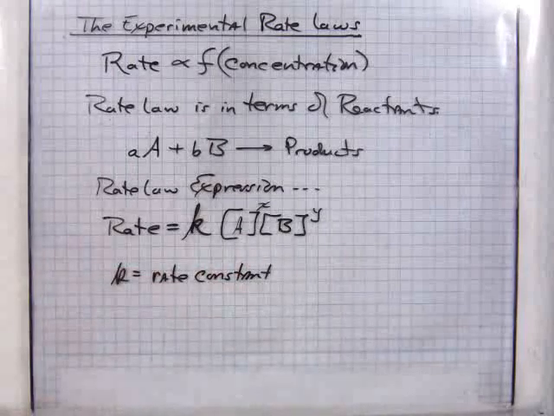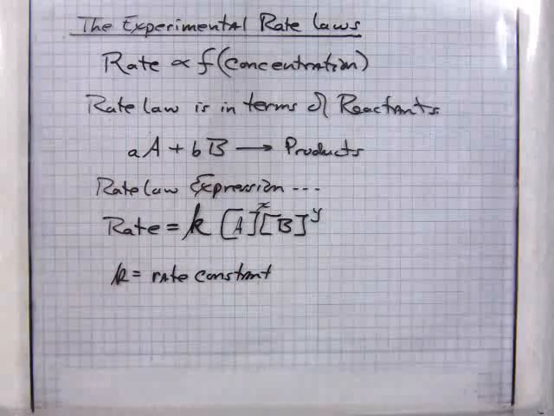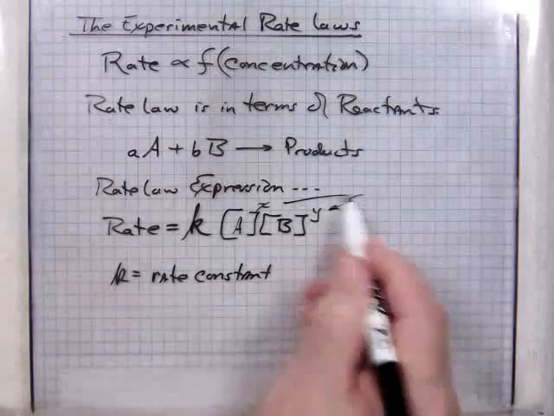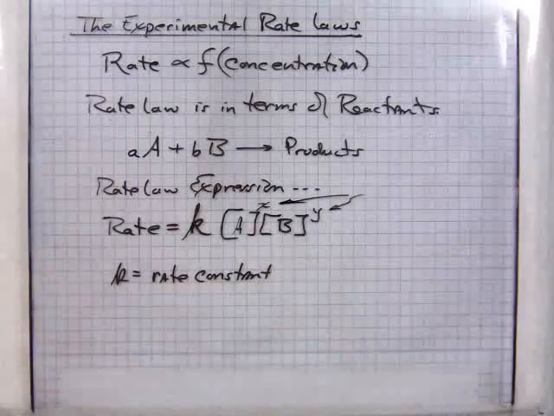However, in the equilibrium region, they will be, and we'll show you that Monday when we get to equilibrium. But here, these are referred to as orders of reaction with respect to the reagent component or reactant component.